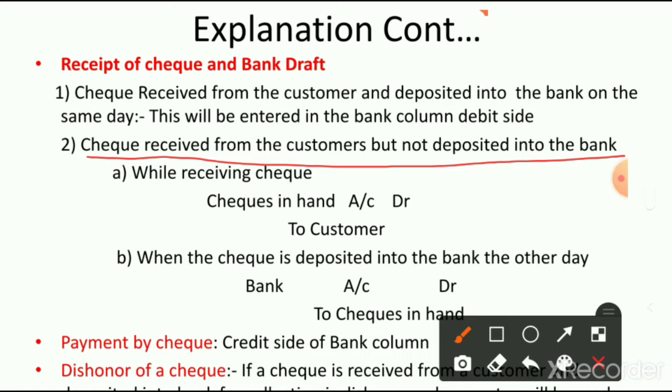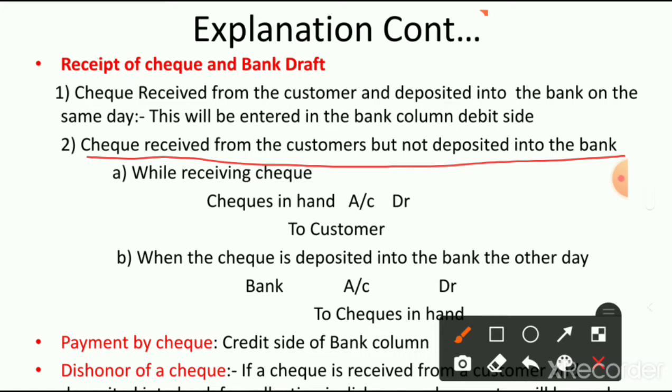So remember this. When we get money, you have to debit. When bank balance increases, you put that item on the debit side. If money is going out from your account, then you put that item on the credit side.